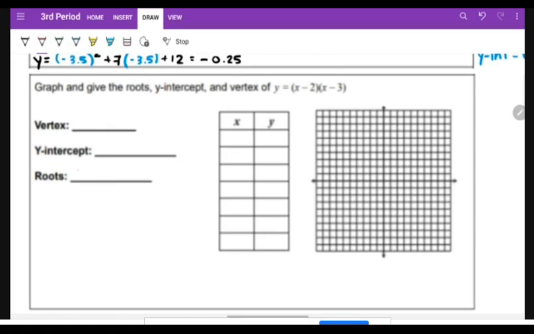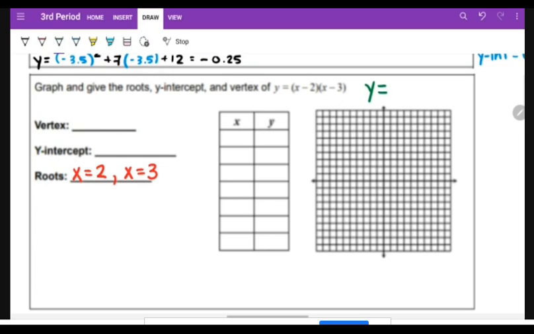Our roots are going to be x equals 2 and x equals 3. That's because we just take the opposite of the two factors, right? Then we convert our formula into standard form.